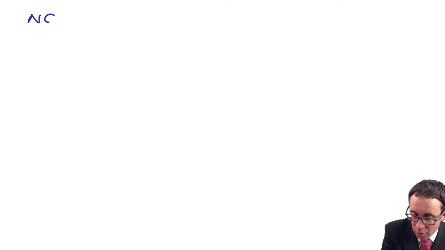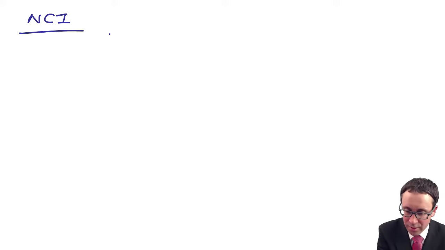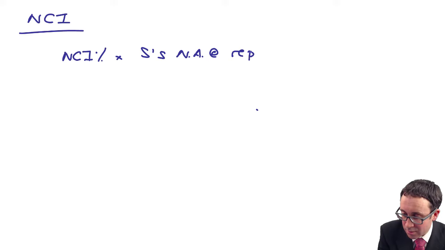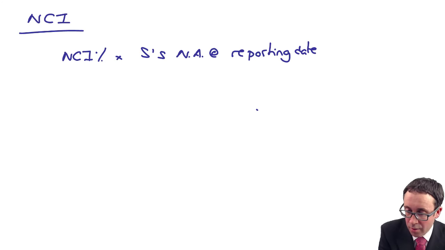The non-controlling interest is based upon your proportionate share method. So here, that's going to be, isn't it, the non-controlling interest share of S's net assets at the reporting date.